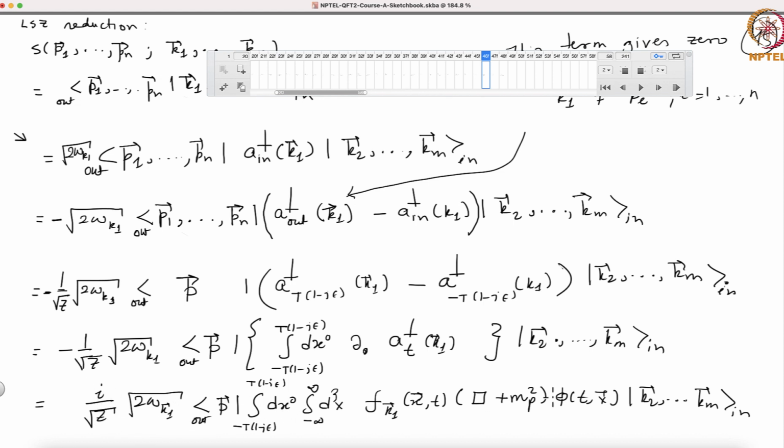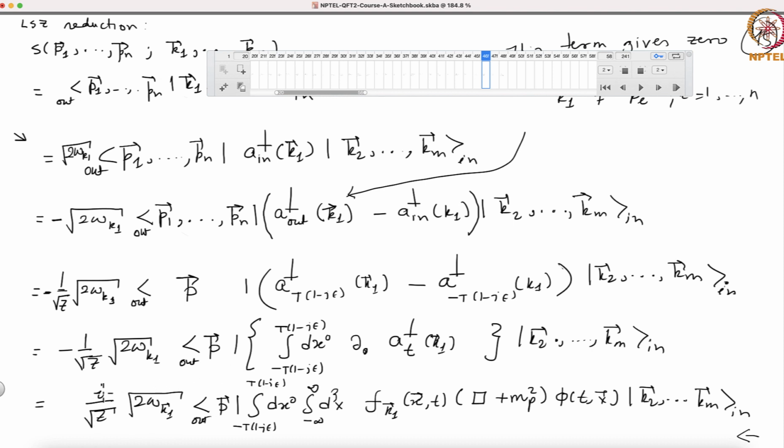So you see at this stage, what I have achieved is that k1 is gone. There is no reference to a in or a out. The only thing we have is the field phi. So this expression involves the field phi, and the overall factor is i times root 2 omega k1 over square root of z.